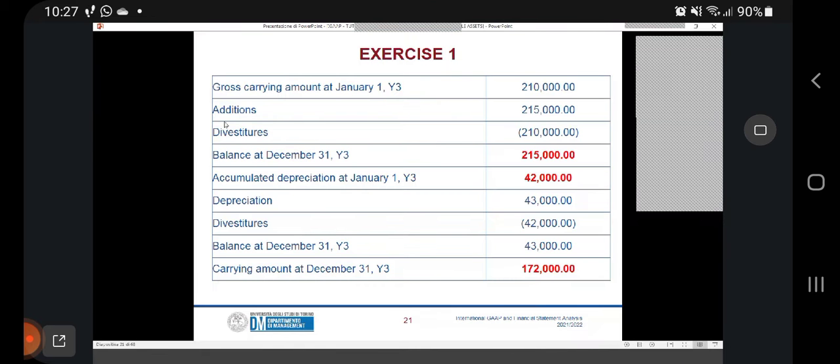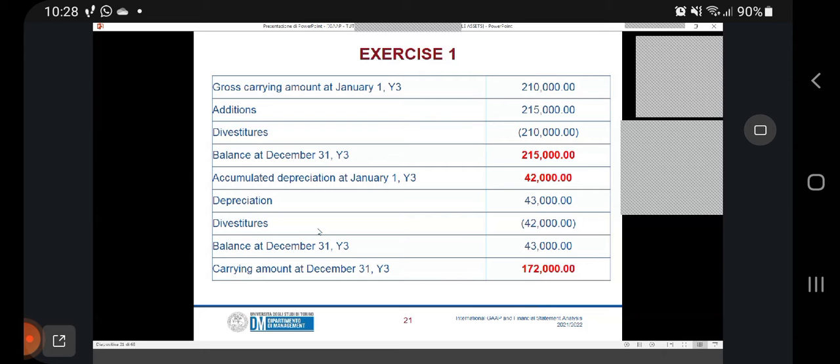Exercise 3. First of all, the gross carrying amount at the 1st of January year 3 is equal to 210. Moreover, the company acquired the new plant for 215, and then there was the disposal of the old plant for 210. Well, the historical cost, the balance at 31st December year 3, is equal to 215.